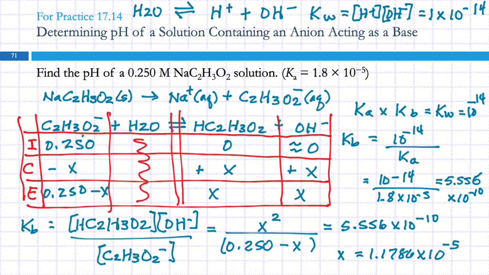That's the x is small approximation. And if I double check that, that's 1.9%.